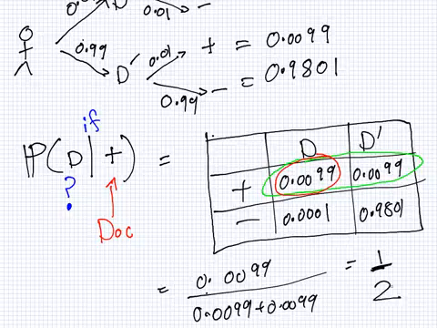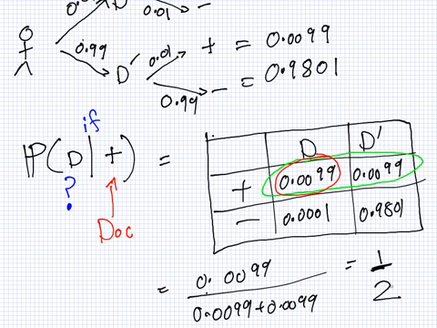Now this might be a bit surprising because you would have thought that if the test result is positive, that means you have the disease. But here we just saw that even if the test result is positive, there's only a 50% chance that you actually have the disease.